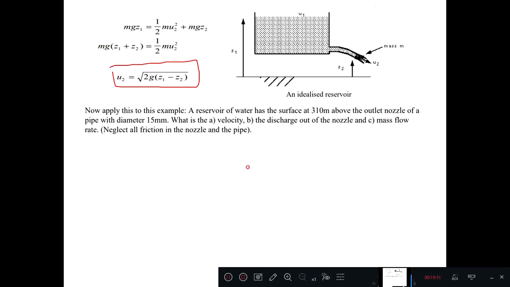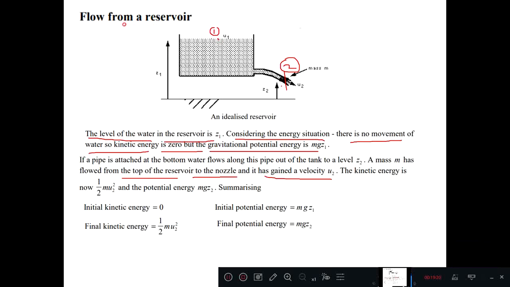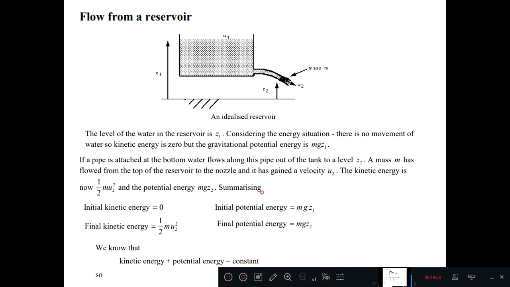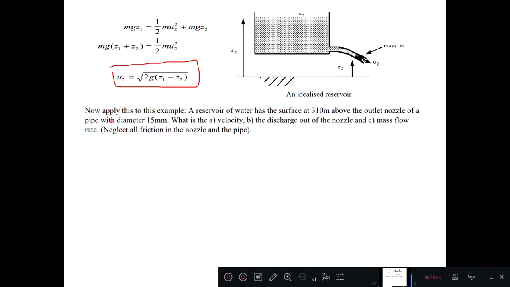Okay, so we have simplified this, that is flow from a reservoir by using the equation of motion, like the previous example, and finally we have obtained this equation. And utilizing this equation, let us take one example.